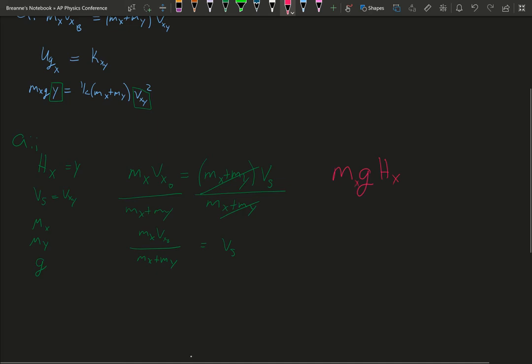This is mass of x, equals, and then it would be our kinetic energy, not change in kinetic. So it'd be 1/2 mx, and then our velocity squared.